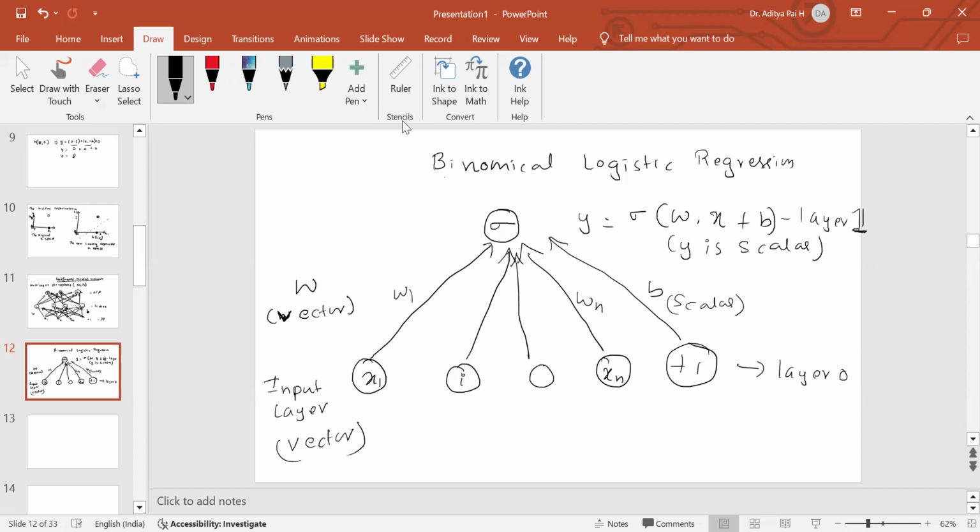So this is my layer 1, and this is my output layer. For the output layer, what is being applied is the sigma node. So binary logistic regression can be considered a one layer network, because it is binary, so only one layer.